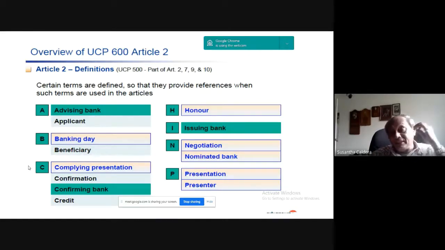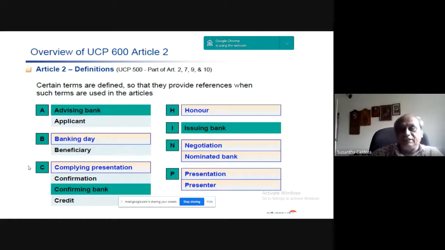Now UCP 600 is more methodical. They put everything under Article 2. There we discuss the advising bank, the applicant, banking days, beneficiary, compliant presentation, confirmation, confirming bank, credit, honor, issuing bank, negotiation, nominated bank.